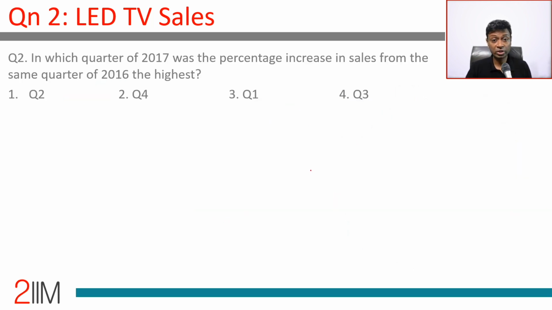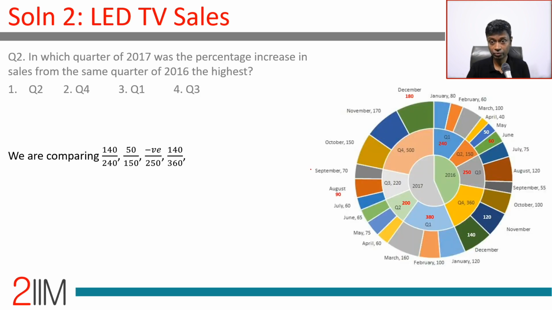In which quarter of 2017 was the percentage increase in sales from the same quarter of 2016 the highest? So 2017 to 2016, Q1 to Q1 was 140 by 240. This is in Q1. Also 240 to 380, an increase of 140 on a base of 240. Q2 to Q2, 150 to 200, increase of 50 on a base of 150.